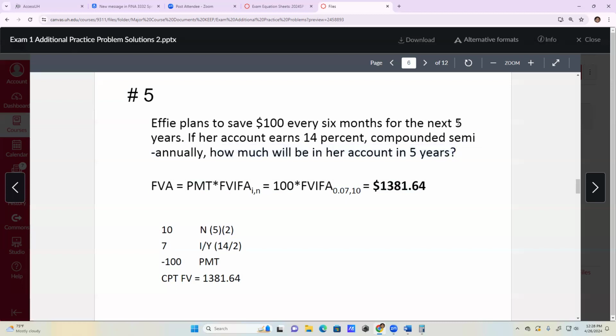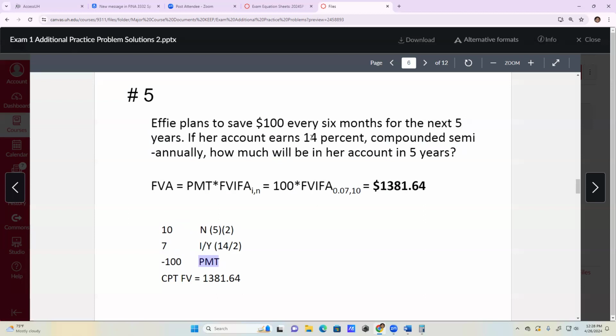So 5 years, but how many payments do you receive? You're gonna receive every 6 months, for 5 years. That means 5 multiplied by 2. So in total, you receive 10 payments. What is this 100? It's gonna be a payment, right? It's gonna be PMT. That's what you're gonna put on there.